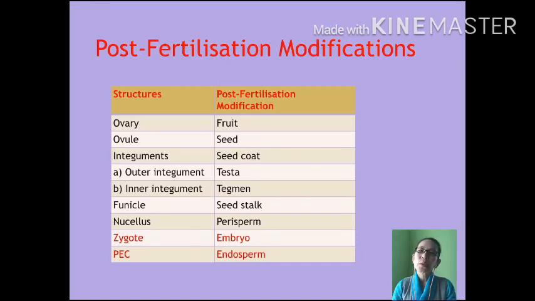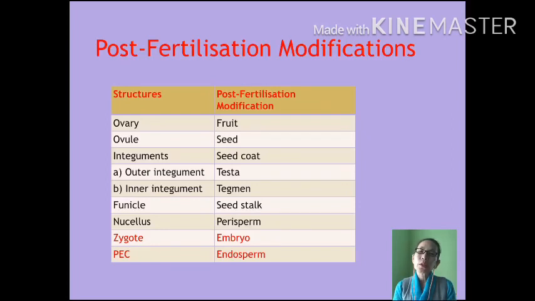While the other structures, such as the two integument layers, form the two layers of the seed coat, where the outer integument would give rise to the outer seed coat called testa, and the inner integument is going to be giving rise to the inner seed coat called tegmen.